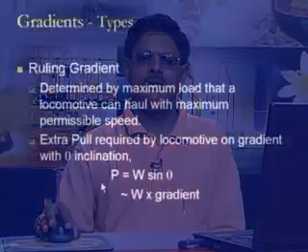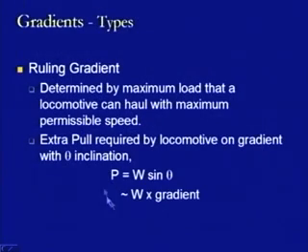So, this extra pull is W multiplied with the gradient. This is how these two things are correlated. W is the load which is to be carried, P is the power which is required, and G is the gradient which is to be traversed.